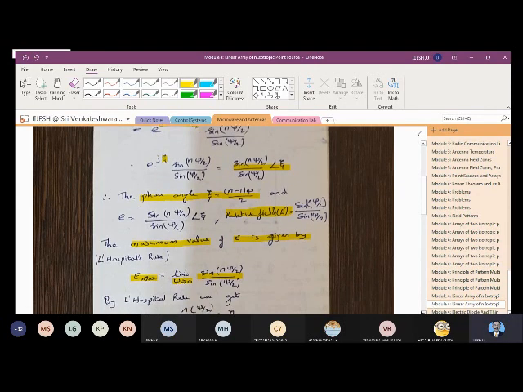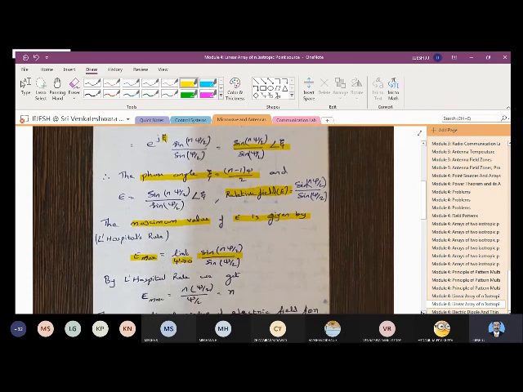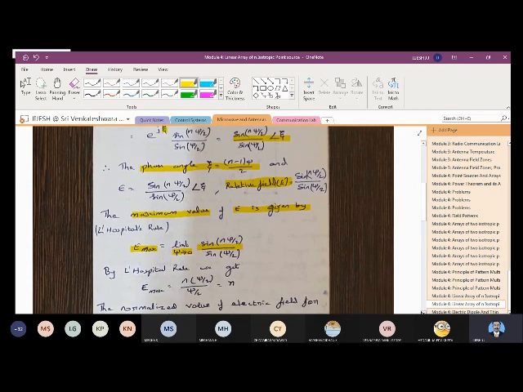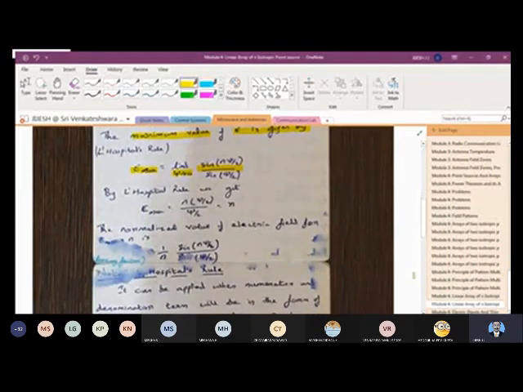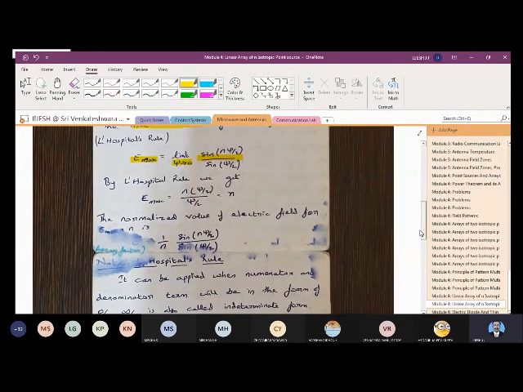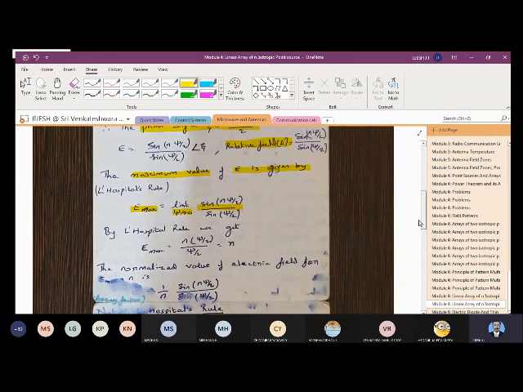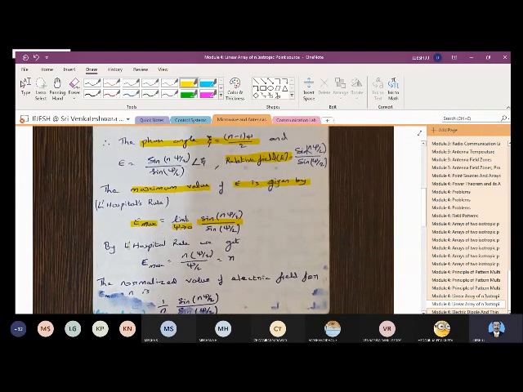So how to use L'Hospital's rule? So first I will brief you L'Hospital's rule. So if you know that, you can simplify that by L'Hospital's rule. You get E max equal to n psi by 2 by psi by 2, and finally you will get it as n.